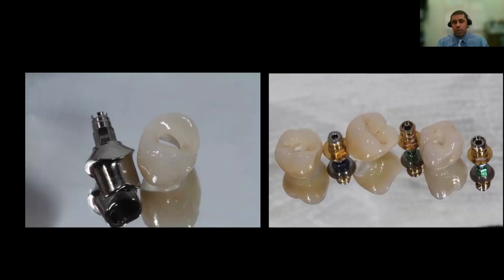We actually just completed a master's thesis comparing cement-retained restorations fabricated on custom abutments versus Ti bases. We did a finite element analysis that shows you have less stress on the implant connection and the implant platform with screw-mentable restorations made with CAD/CAM and custom abutments.